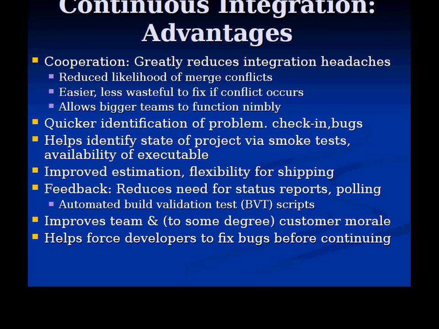Just checks for the most basic functionality. Yes, it tests for the most basic. It's not trying to track down new bugs. It's basically saying, is the system sane? Because if a set of check-ins have disabled basic functionality, like you can't even log into the system, then you're in a bad way. You don't want other people on your team to get that, because then they can't do their testing.